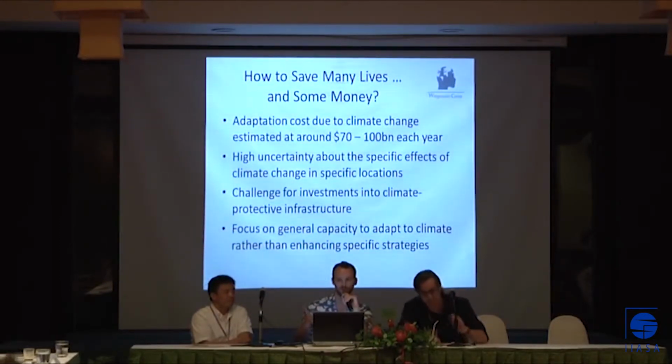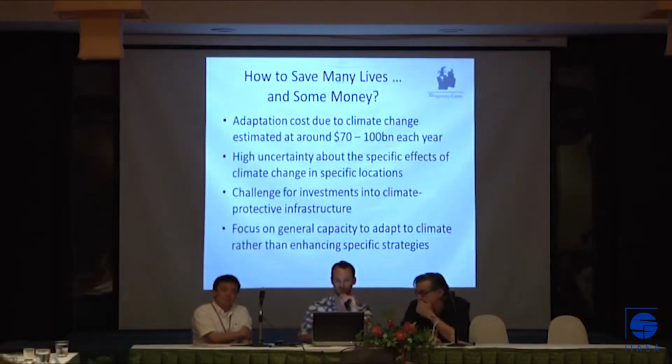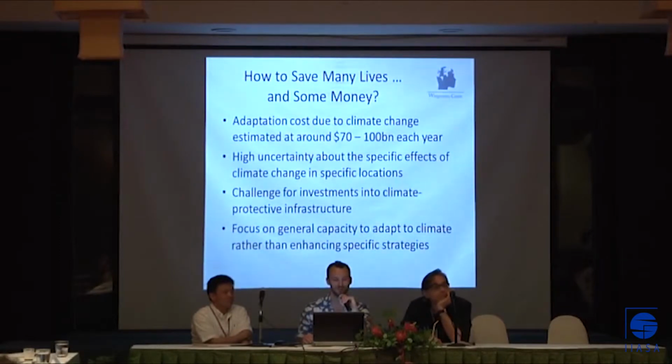Because in fact we still know very little about where exactly what is going to happen at which time. And this, of course, poses a challenge for investments into climate protective infrastructure, because, of course, this is a lot of money, and especially in times of economic hardship, financial crisis, the global community has to think very thoroughly about where to invest that money.